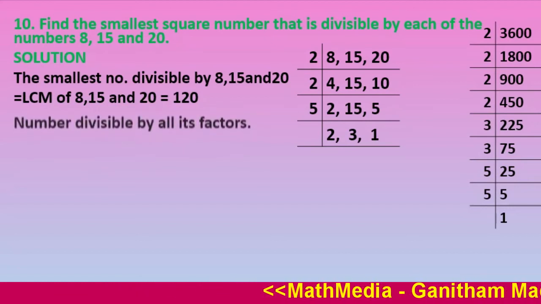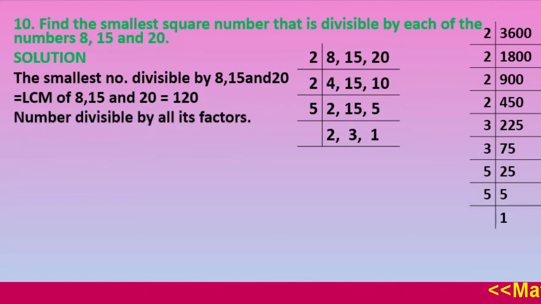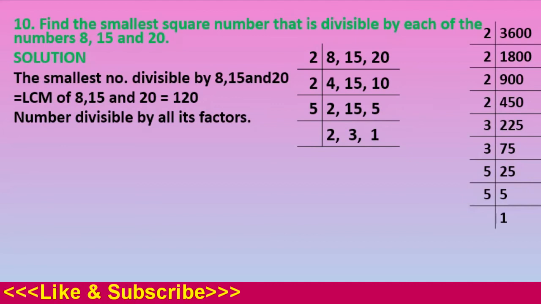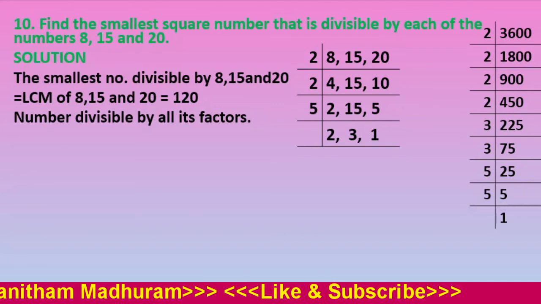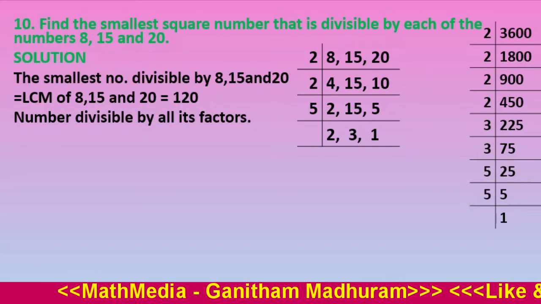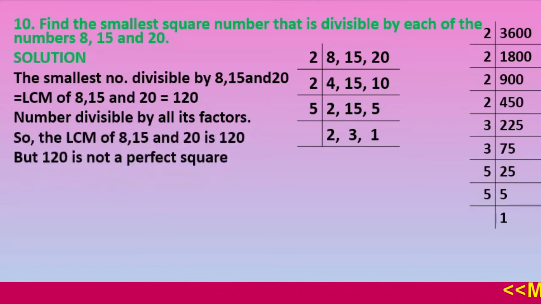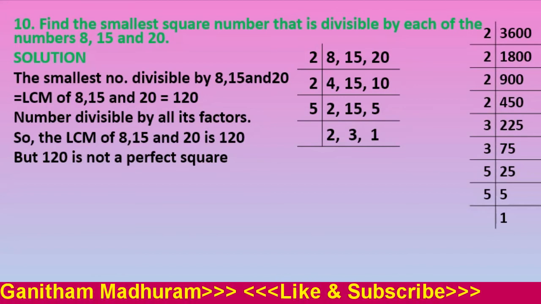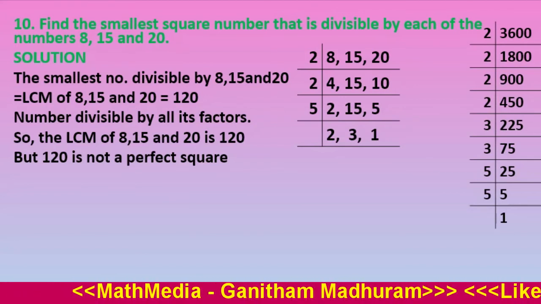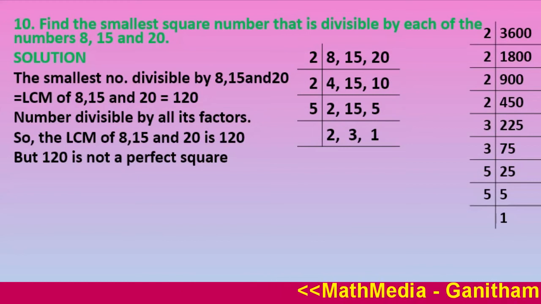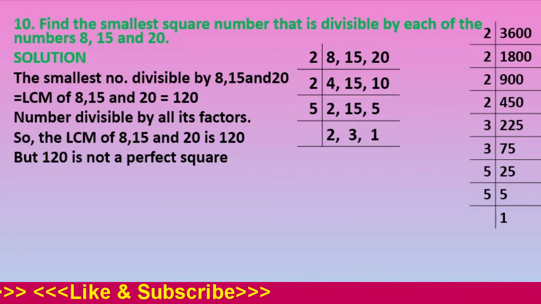We find the LCM, which is 120, and 120 is not a perfect square. So we do the prime factorization of 120 and get 2 into 2 into 2 into 3 into 5.